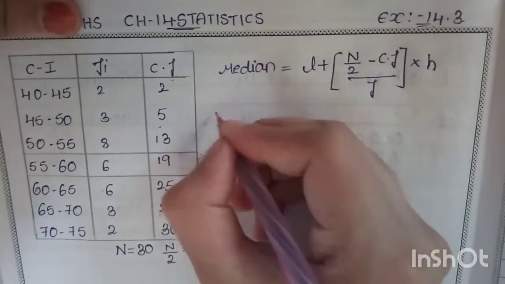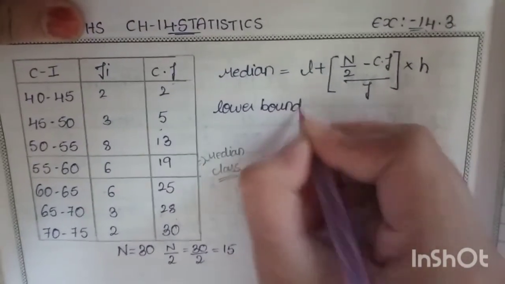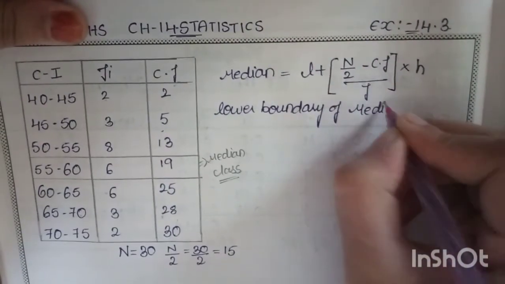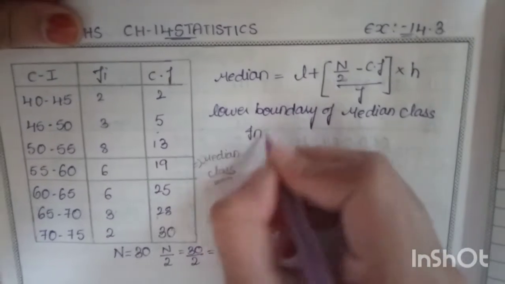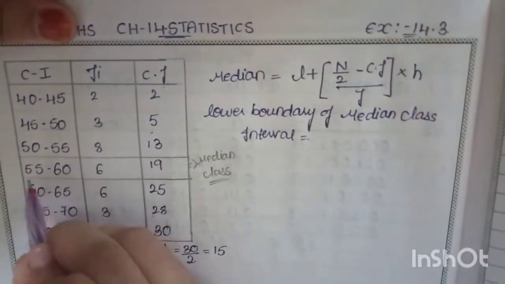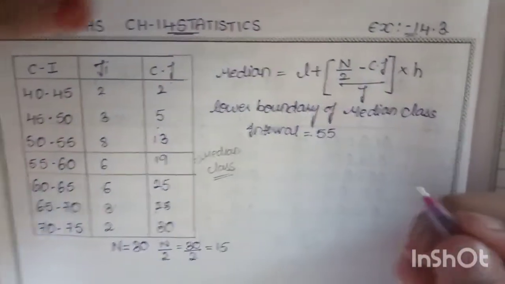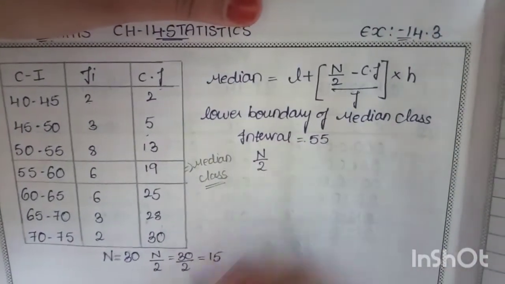So L is nothing but the lower boundary of the median class interval. The lower boundary of the median class interval is 55, so our L will be equal to 55. Next, n by 2 is as we found before, that is 15.